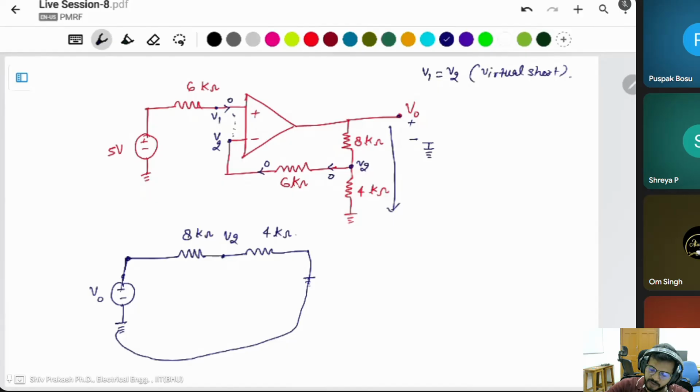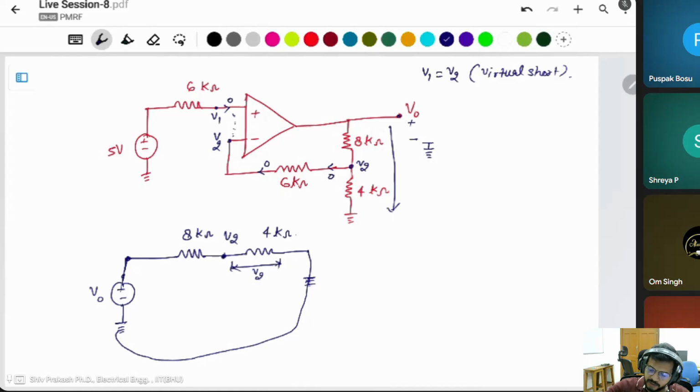It means V2 is the voltage between this point and ground.